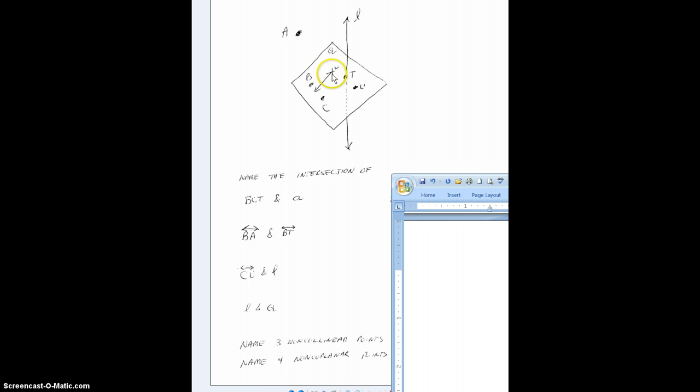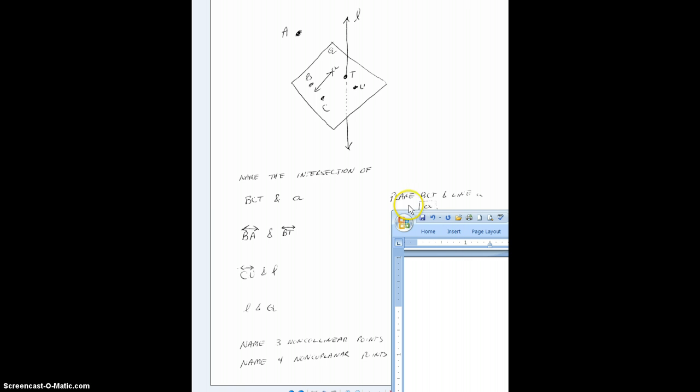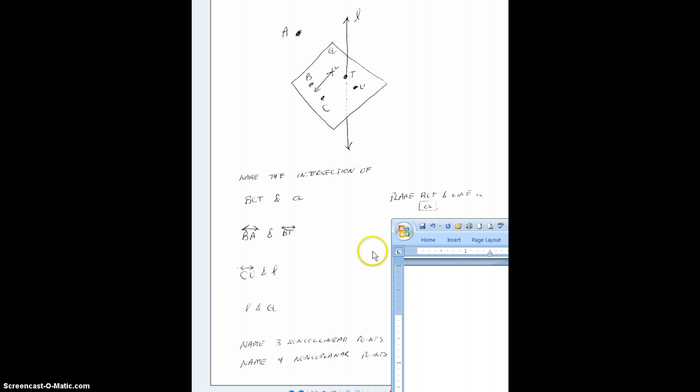Little a is a line. Well, there's the line A. It's in Q. The question is where does A touch Q? Well, A touches Q everywhere. Every point in A touches Q. Thus, the intersection between plane BCT and line A is simply line A. Again, I showed 2 lines here, line BA and BT.